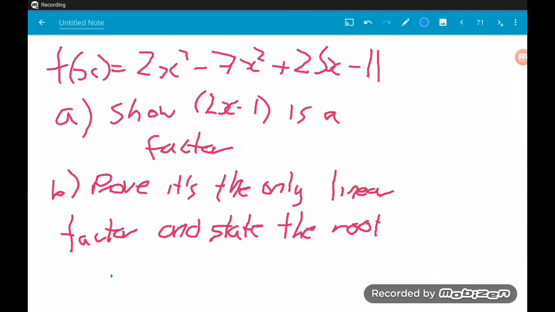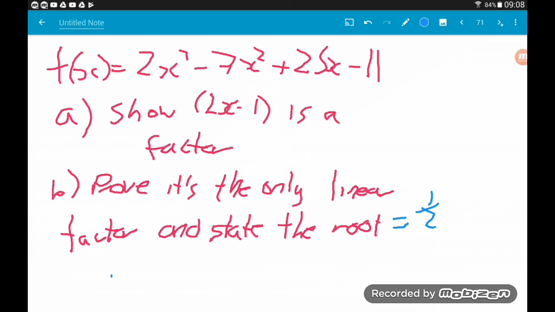Okay, for part B then we want to prove that 2x minus 1 is the only factor and state the root. Well, we already know the root really. If 2x minus 1 is a factor, the root is equal to 1/2. So that's the value of the root. Now we want to prove it's the only one.